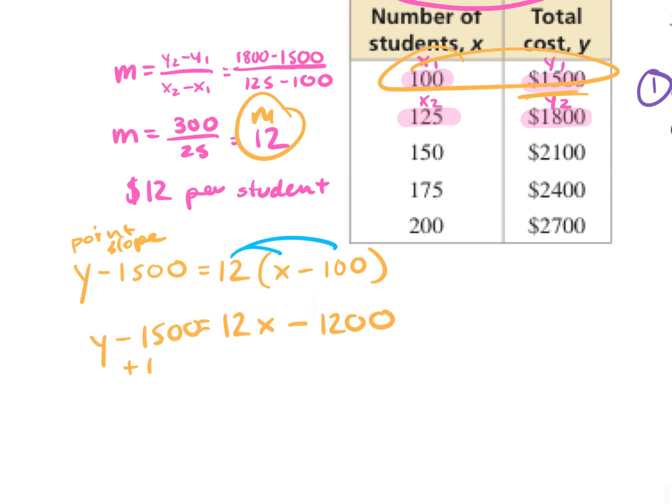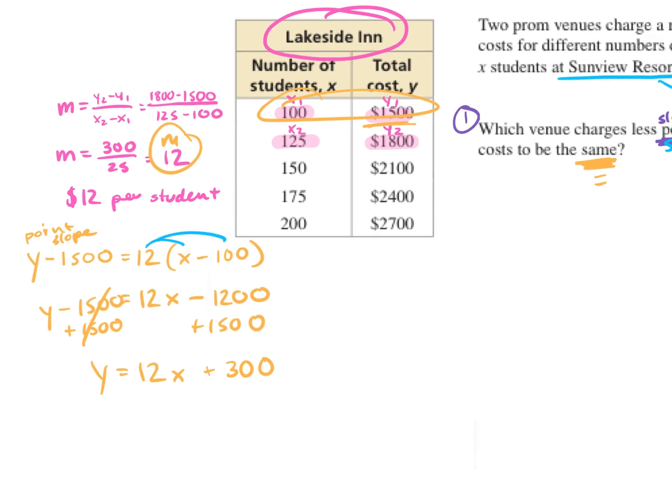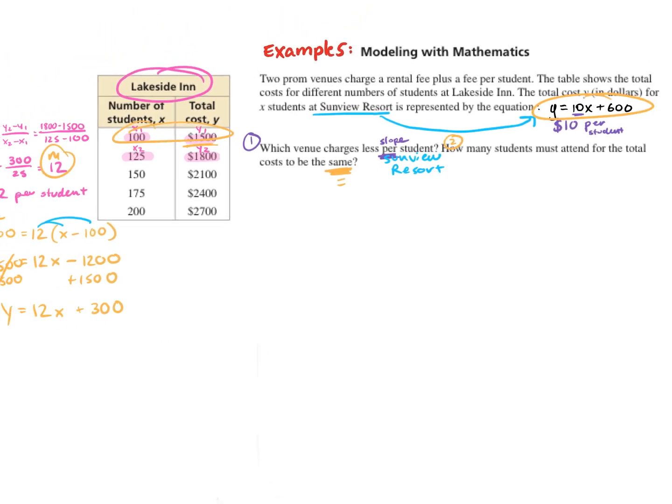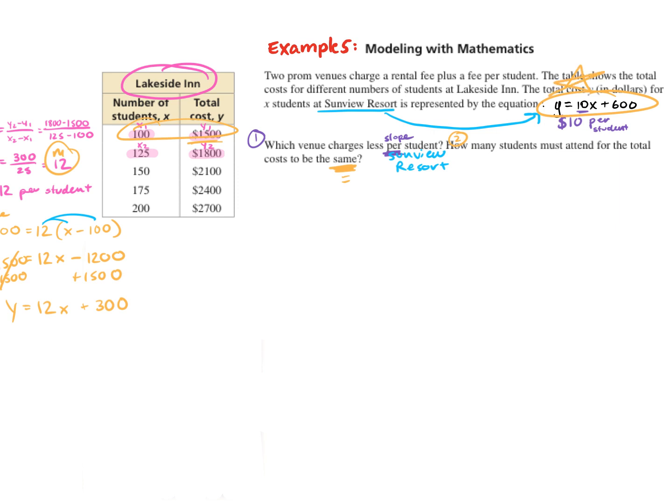And then we want to add the 1500. So we get y equals 12x plus 300. So now we have two equations. We have this one, y equals 10x plus 600, and this one, y equals 12x plus 300.